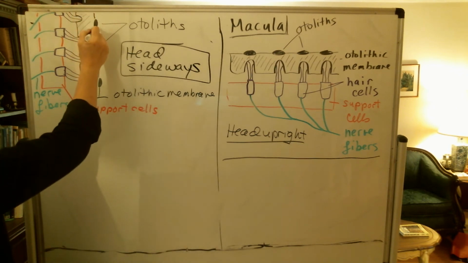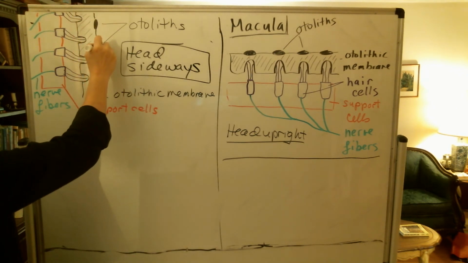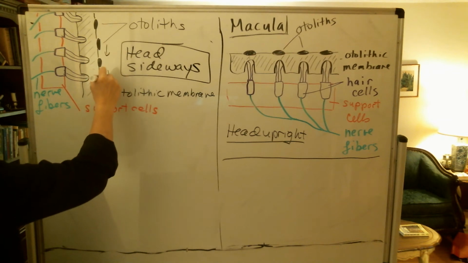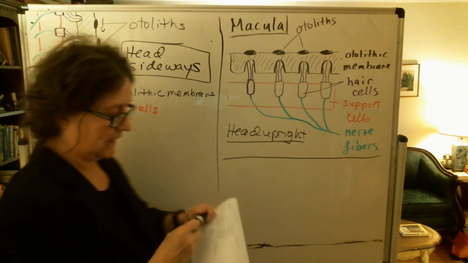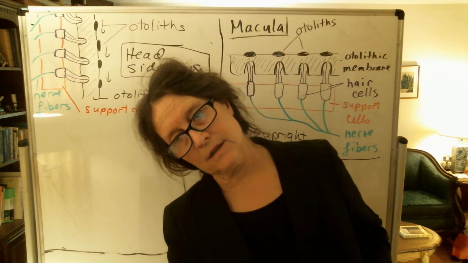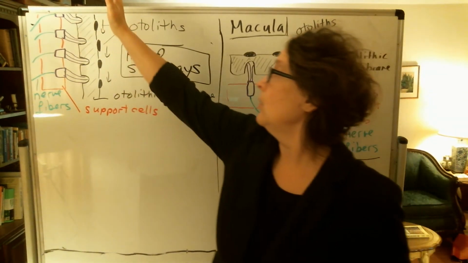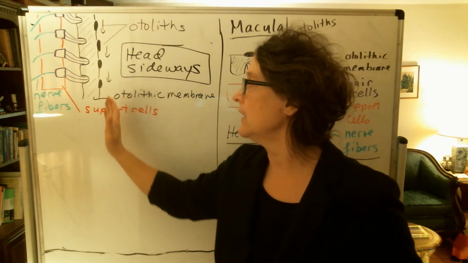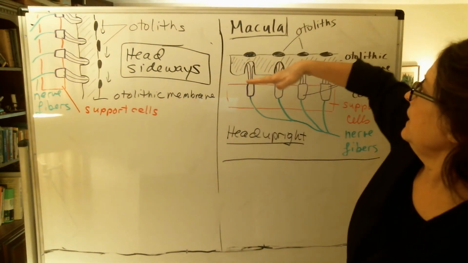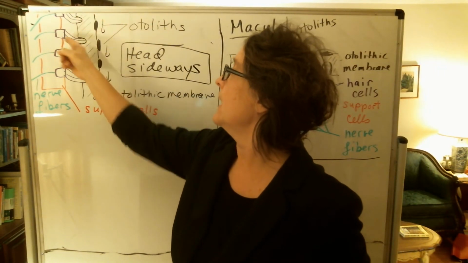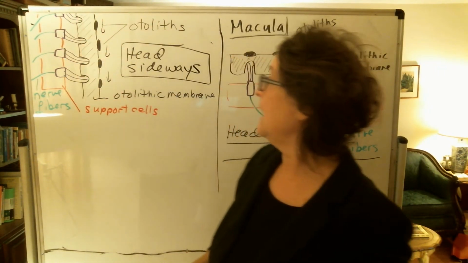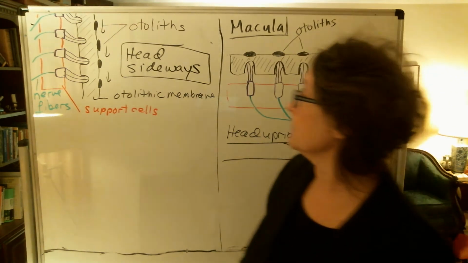And so all of these otoliths then are going down towards gravity. When your head is sideways like this, all of your little otoliths are then heading down towards gravity. Here they were nicely supported. Here they're not. They're falling down. That stretches these hair fibers then.